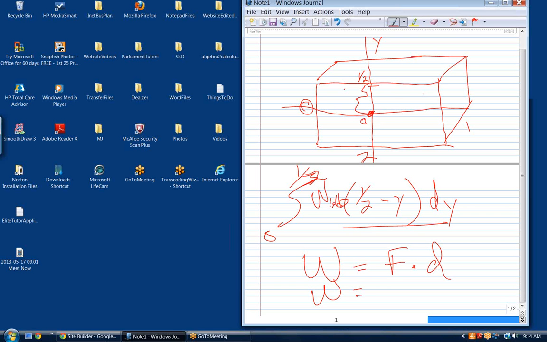Because we're removing this slab, and then the slab above it, and then the slab above it, and the slab above it. So we're integrating throughout that entire interval. And each one that we integrate has a different distance that it has to go.